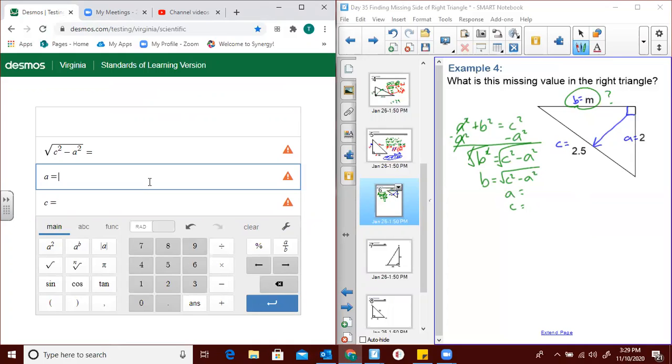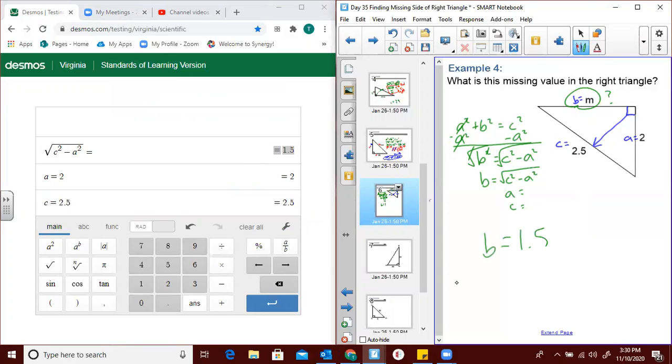We said A was 2, and we said C was 2.5. And right away it gives you what our B would be, which is 1.5. So B equals 1.5.